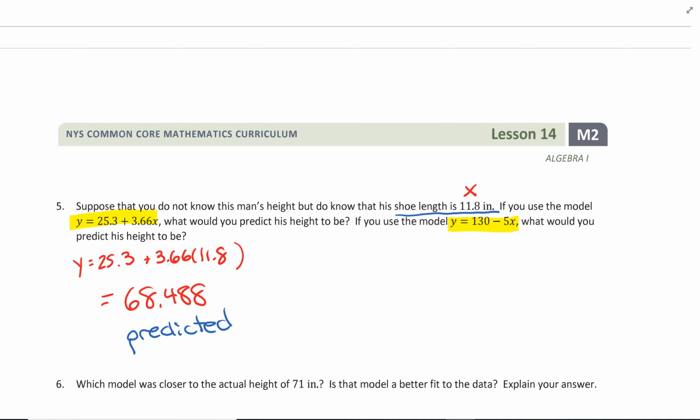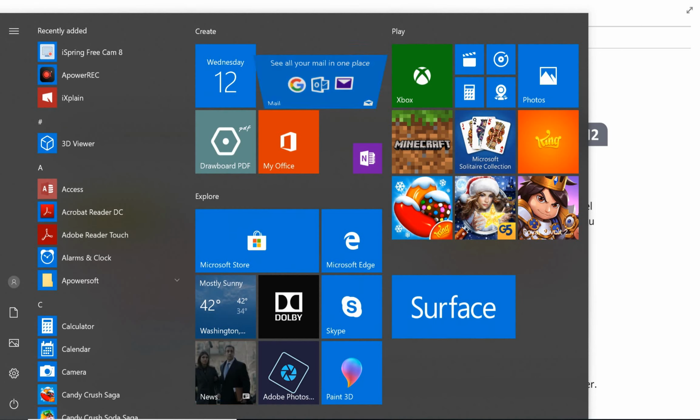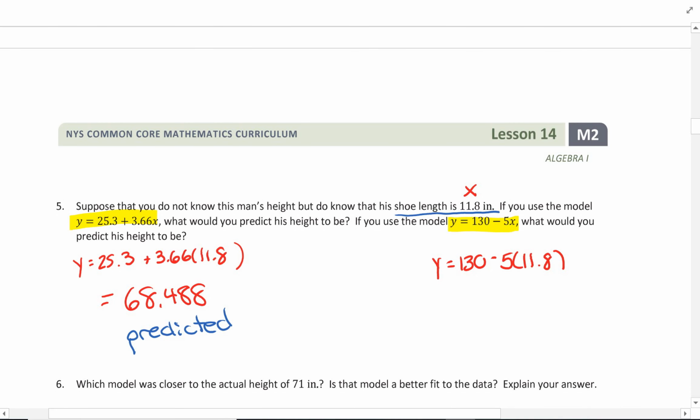Now, if we use the second model, y equals 130 minus 5 times x, well, x is 11.8. Now, instead of pulling that graphing calculator up, I'll just do it on the one I have beside me. I'm going to have 130 minus 5 times 11.8, and I'm going to get 71. Now it says, if you use the model, what would you predict his height to be? We would predict his height to be 71.